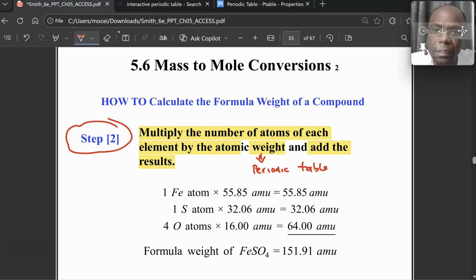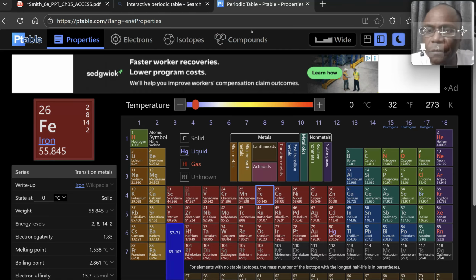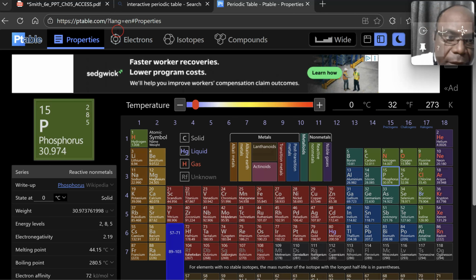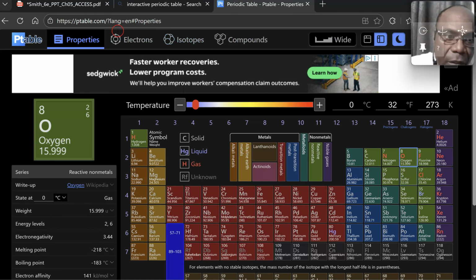Okay, so 1 Fe has a mass of 55.85. Let's see. Fe is right here. Yeah, it's 55.845, 55.85. You can see it here. And then sulfur is right here in the big green box. It's 32.06. Oxygen should be 15.999, which is roughly 16.